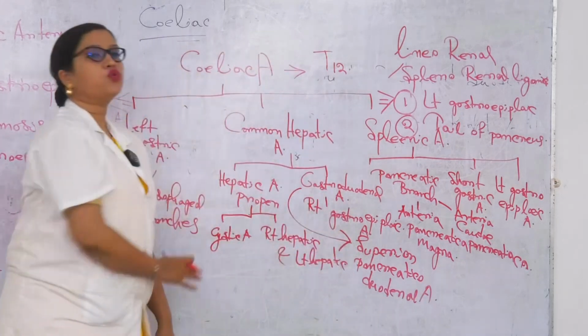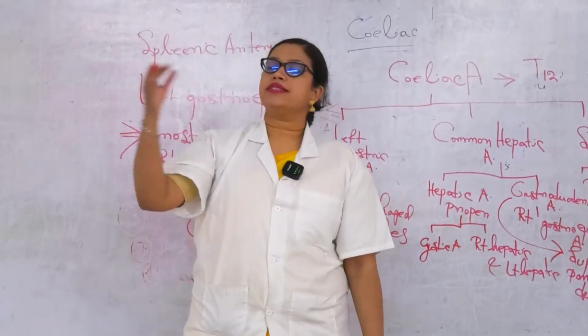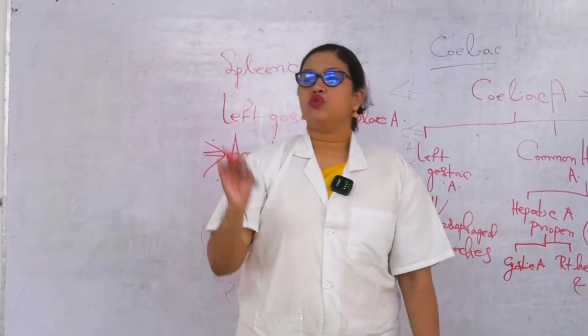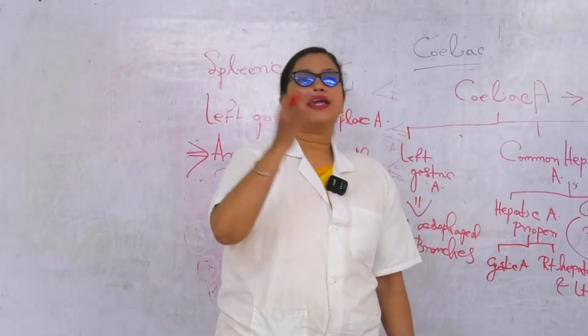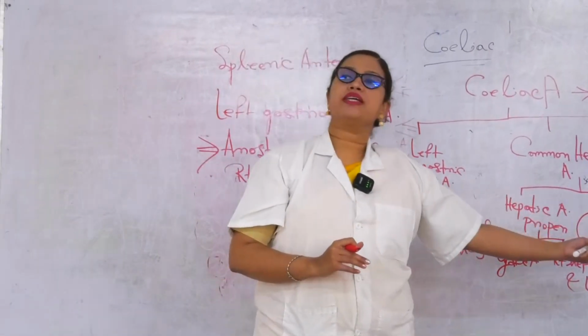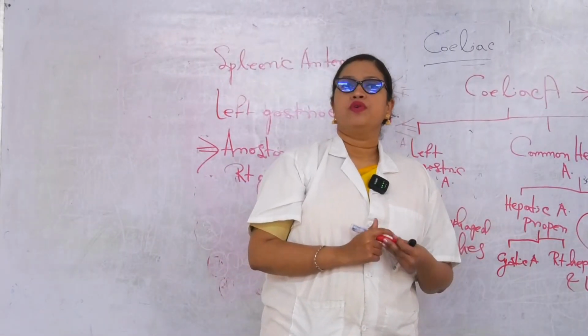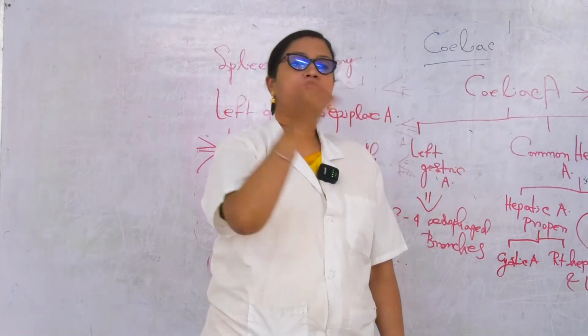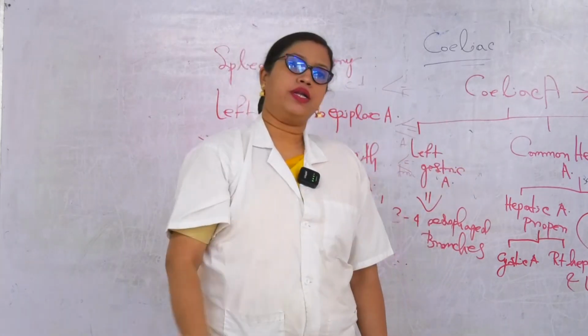Okay. Now this superior pancreaticoduodenal artery is again divided into anterior and posterior branches. Okay, write it down. So what will be the name of the anterior branch? Superior anterior pancreaticoduodenal artery, superior posterior pancreaticoduodenal artery.